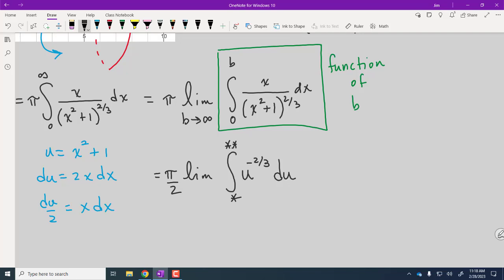Dividing by a constant, pull it to the front. Easy integral, power rule. So we will have u to the 1/3. Divide by 1/3 means multiply by 3. And again, we're just using placeholder limits for a moment.